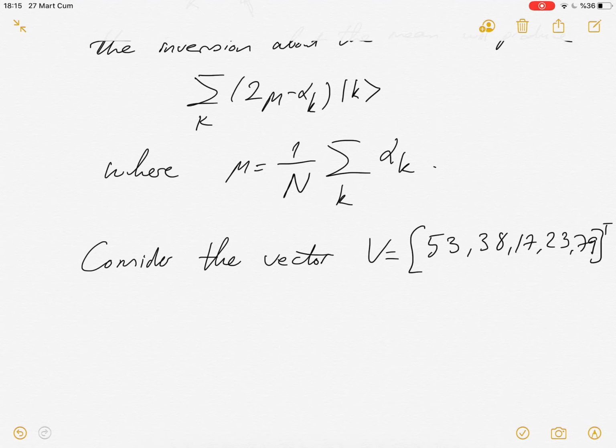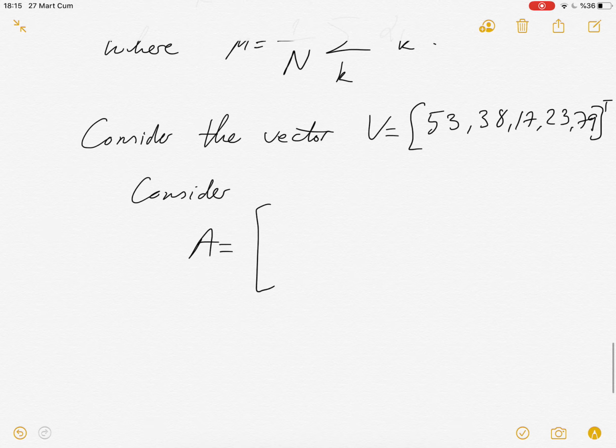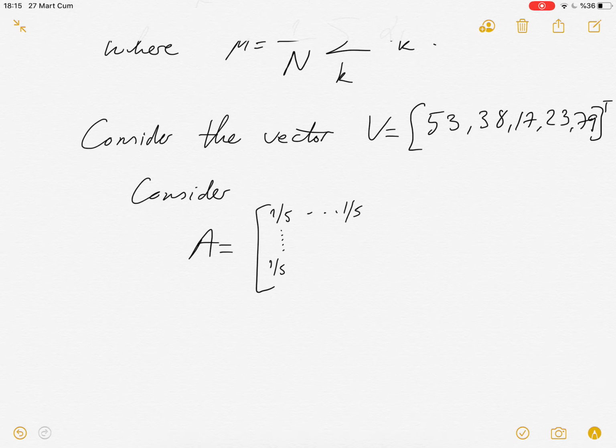And consider the matrix A, a 5 by 5 matrix which consists of all 1/5 as elements.